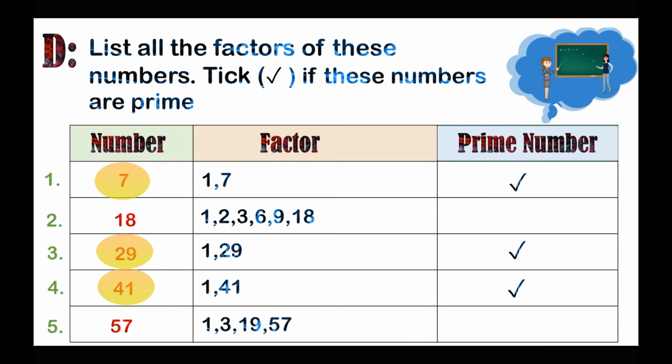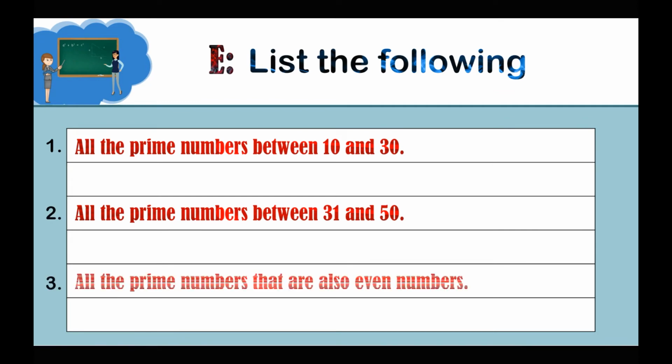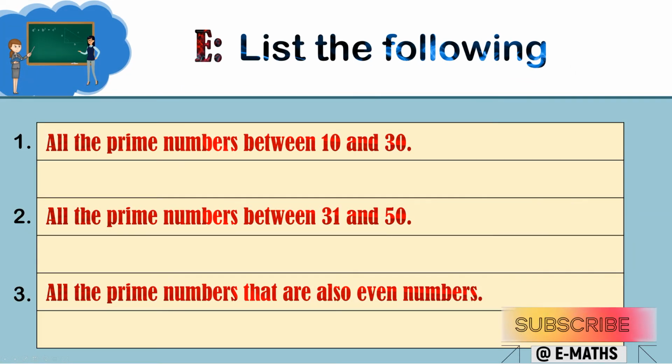List the following: all the prime numbers between 10 and 30, all the prime numbers between 31 and 50, and all the prime numbers that are also even numbers. So let's start with number 1.